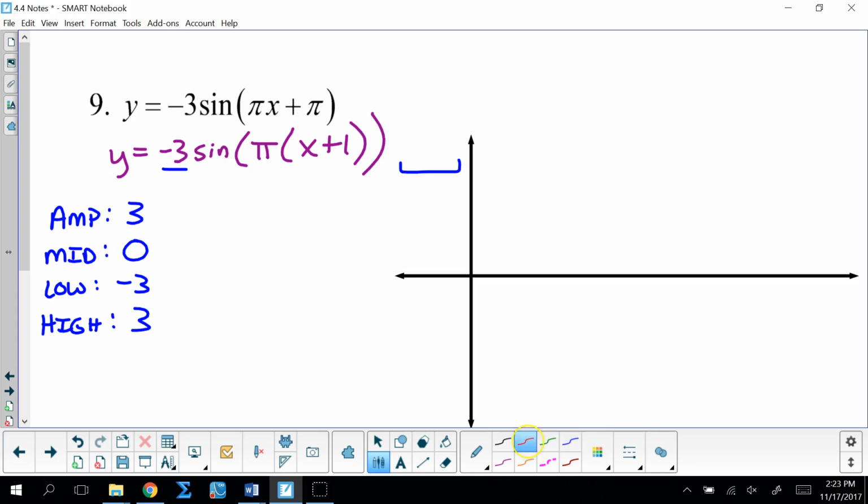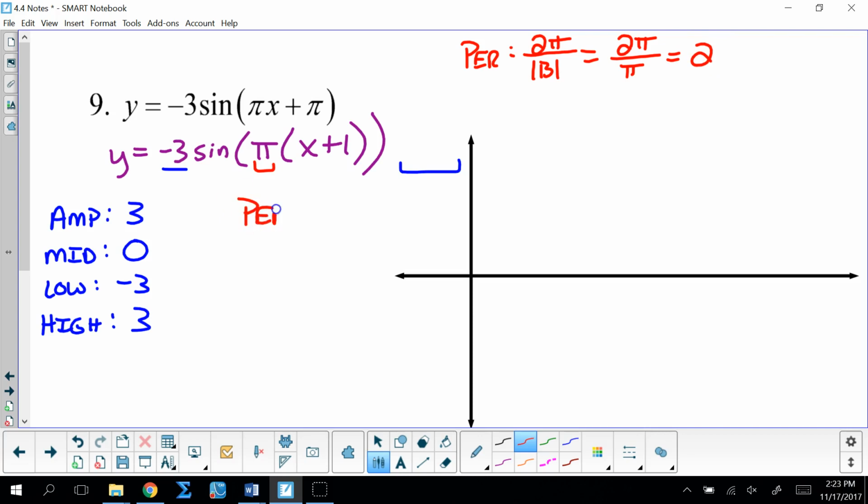Then I look at my period here, remember, is 2 pi divided by the absolute value of B. So in this case, that is 2 pi divided by pi, which gets me a period of 2.